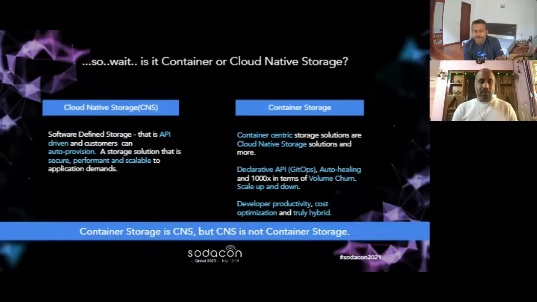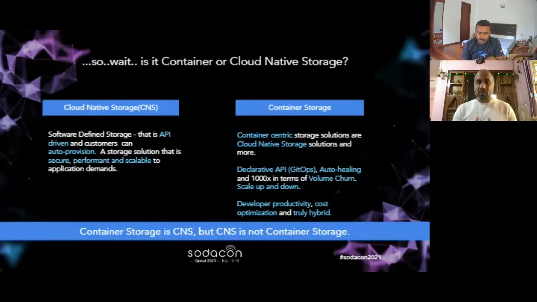In the past, software-defined storage was a term that was coined when virtualization was picking up, and there was software-defined storage, software-defined networking, software-defined computing. Everything was software-defined, and its key aspects were that it has to be API driven and auto provisioned. It primarily focused on that.